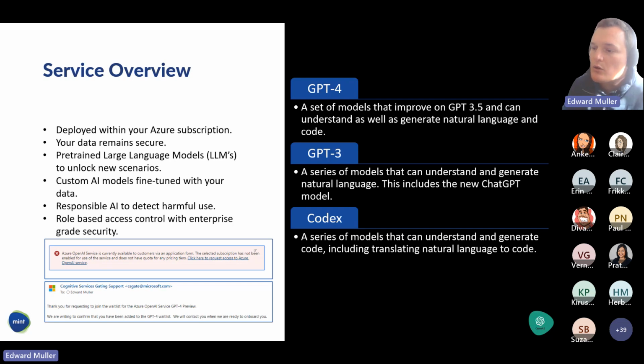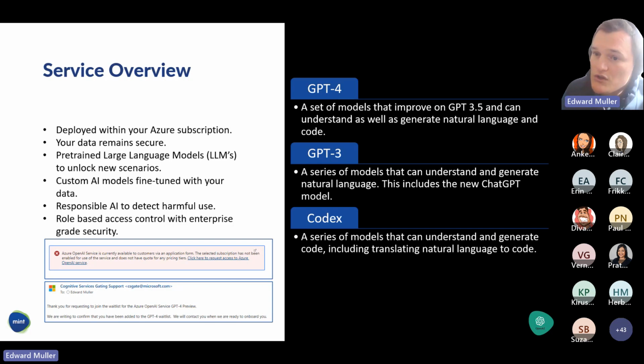So in order to alleviate that, you can spin up an OpenAI service within Azure, within your Azure tenant, and that ensures that the data that you're using, your business data or your customers' data, remains private, and it remains within your Azure tenant. So the service can be deployed within your Azure subscription, and your data remains secure.